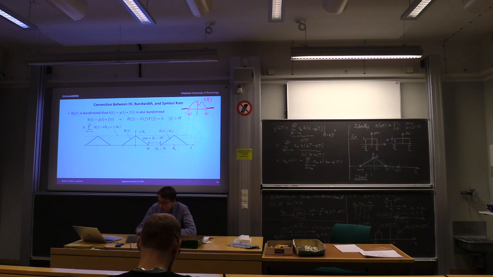We realize that there is a gap here, and let's specify this gap. We see that since we repeat, H of f minus Rs is centered around Rs, so it starts to become non-zero at the point Rs minus W, because the distance from here to here is W. The other pulse starts here and goes down to 0 at W. So the gap here is the difference between the top frequency and the lower frequency here.